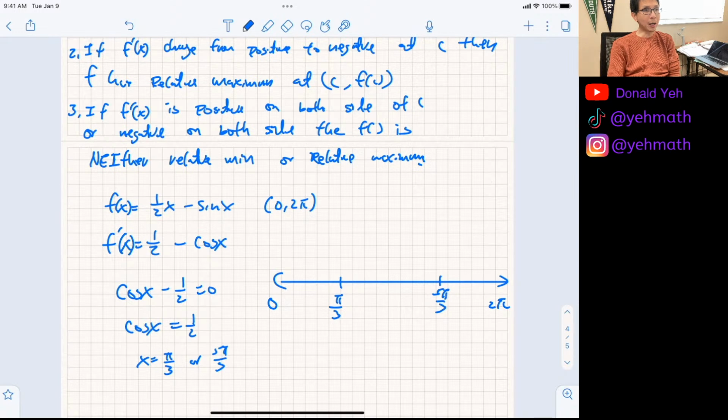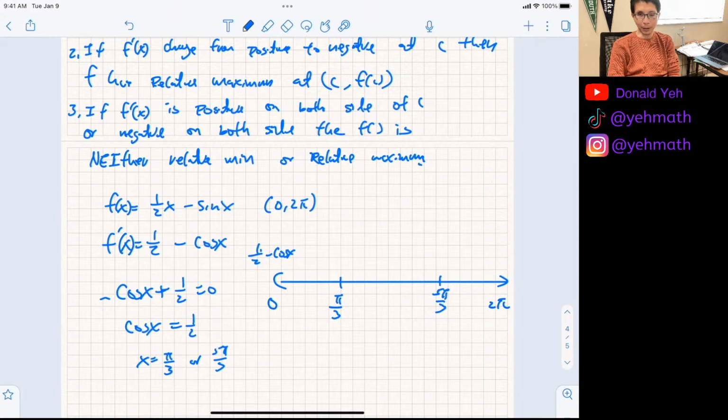Okay. Which number should I test in here? Wait a second. This one is negative. This was plus. So that's the same thing, though. So I'm going to do 1/2 minus cosine of x. Which number should I plug in between 0 and pi over 3? Pi over 6.